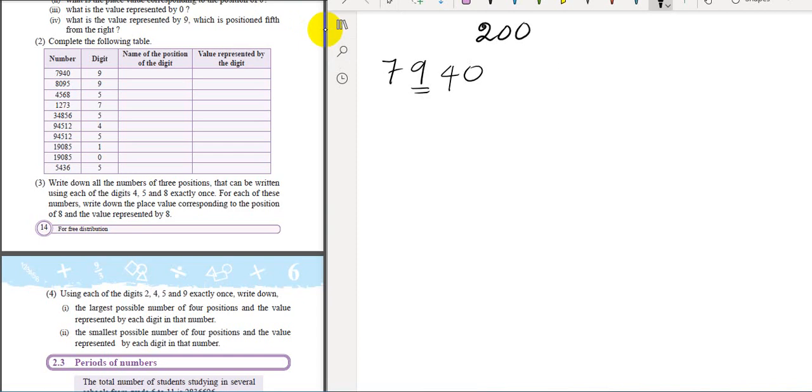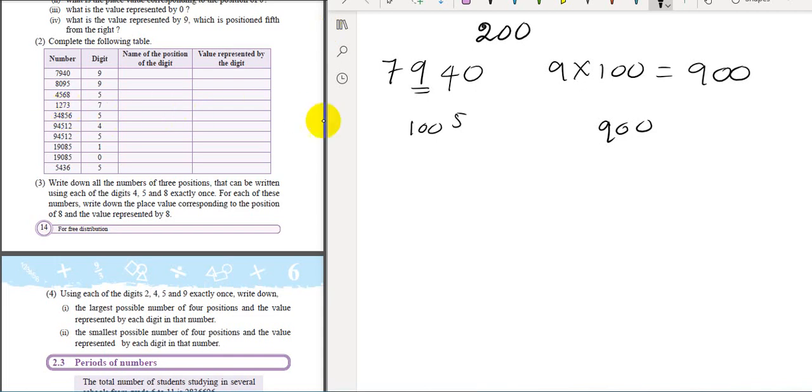So 9 times 100 is 900. The name of the position of the digit is hundreds, and the value represented by the digit is 900.